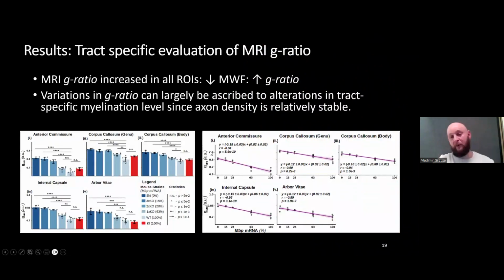So again, let's parcellate all these maps and relate them to MBP mRNA. And just to summarize here, we can see that our MRI-derived G ratio, as a function of our MBP mRNA, also exhibits a quite nice linear relationship in all white matter tracts studied.